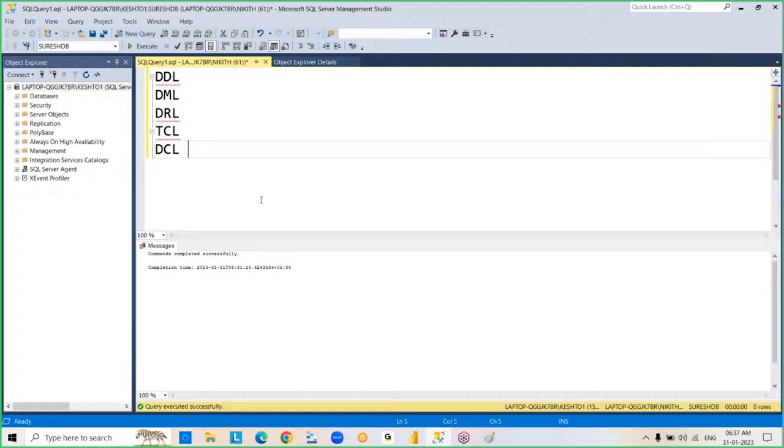So you have to concentrate on that area. We are going to provide you maximum assignments related to DRL. I told you I'm going to provide you 200 assignment queries for practice purposes. I'm giving those scenarios related to DRL. That is the importance of data retrieval language in this training. So you have to concentrate on the DRL area.